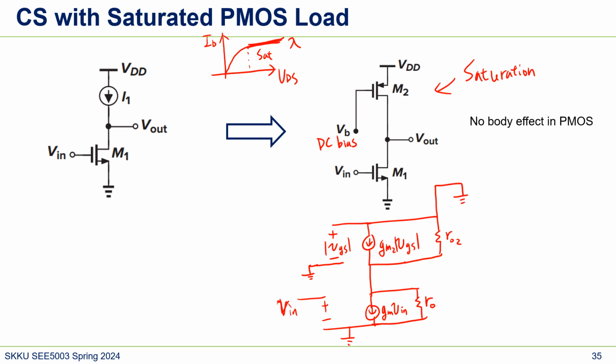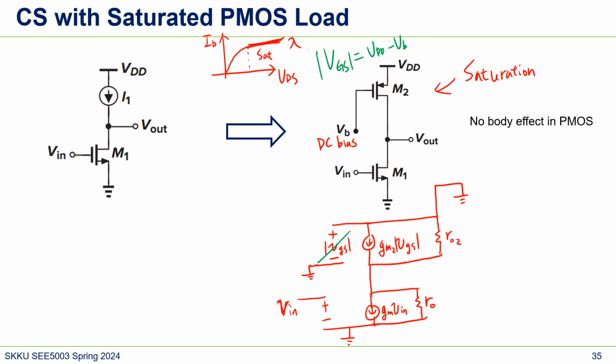Since here VGS is 0, I mean, the small signal VGS is 0. The actual VGS, the large signal VGS, of course is not 0. The large signal VGS is VDD minus VB, right? But we're talking about the small signal VGS here, and this is 0 because both of them are just DC, with no change in the small signal model.